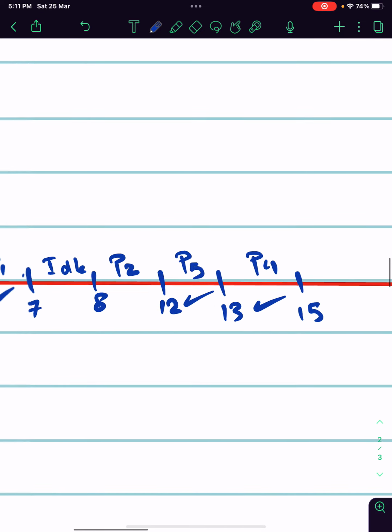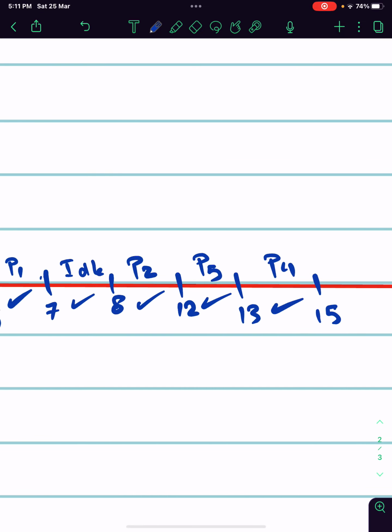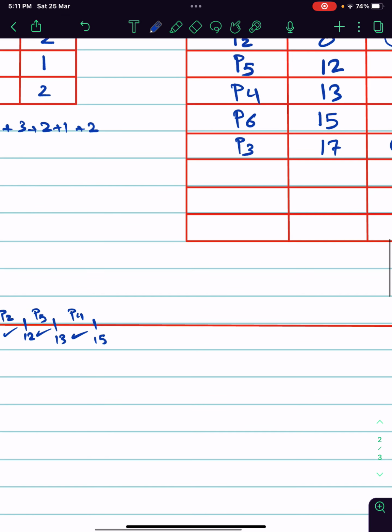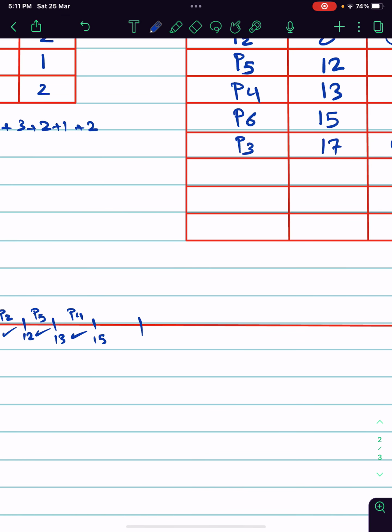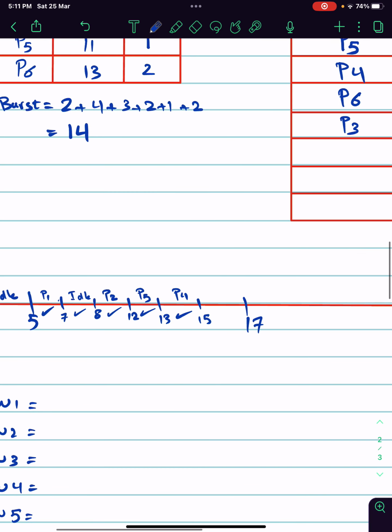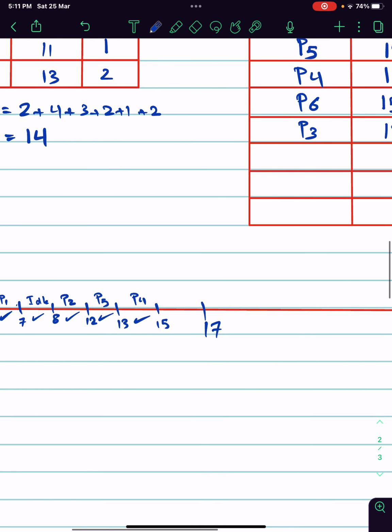Okay, all of them are done, of course, as this is non-preemptive. And then at time 15, we took P6. Here it is, from 15 to 17. Correct. This is P6. And then we took P3 from 17 to 20.